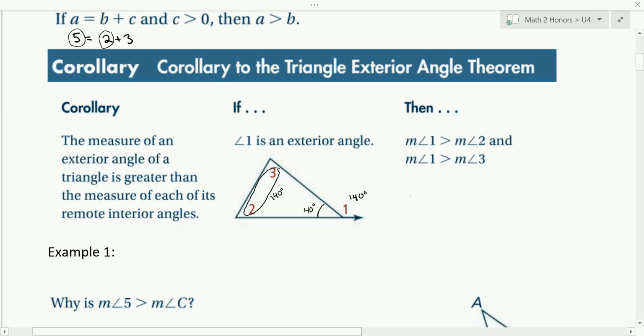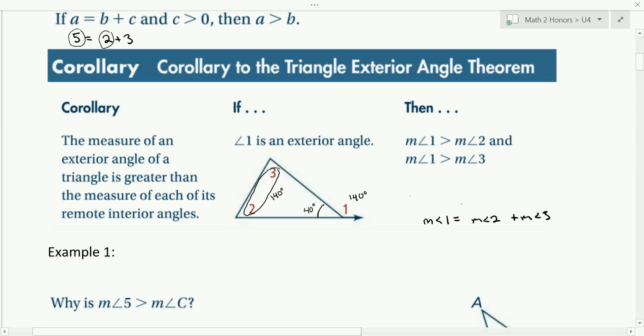So what could we say about angle 1 and angle 2 and angle 3? All of them are equal? So the measure of angle 1 is equal to the measure of angle 2 plus the measure of angle 3.